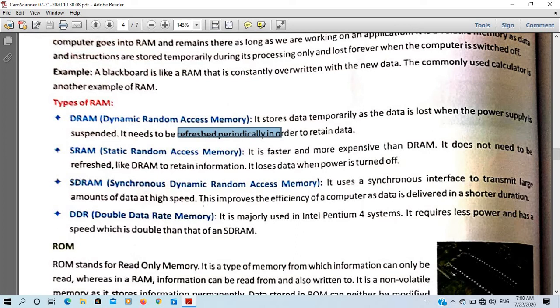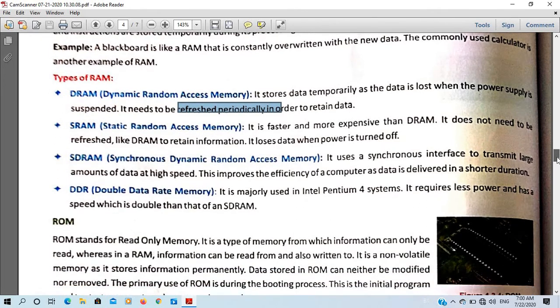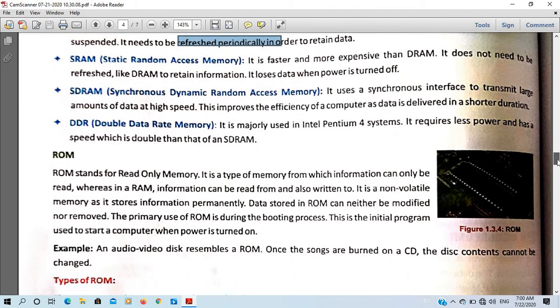This improves the efficiency of the computer as data is delivered in a shorter duration. So the computer becomes faster and more efficient. If the access rate is fast, then our computer is said to have more efficiency.